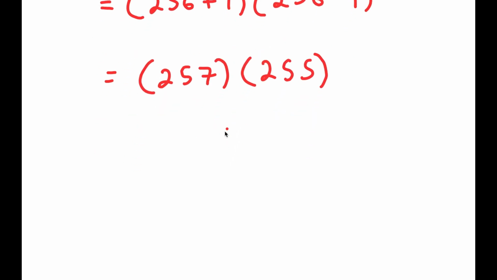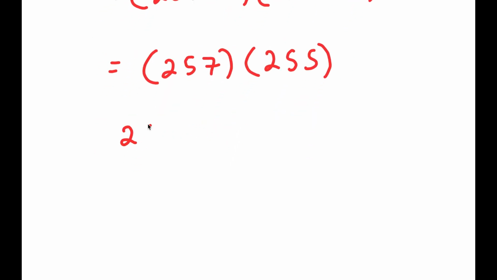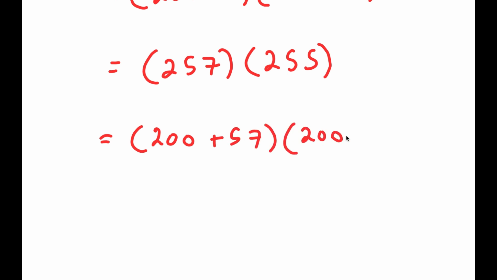Now, instead of multiplying this the usual method, which takes way too long, I'm going to be using a different method, which is much simpler. What I'm going to be doing is rewriting this as 200 plus 57 times 200 plus 55.